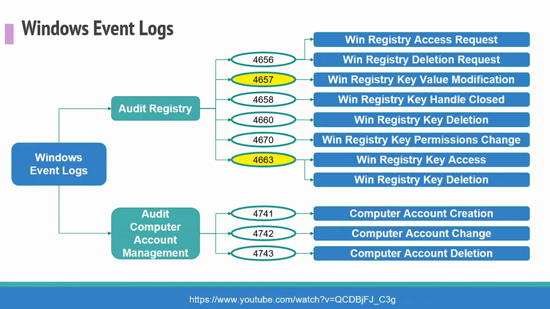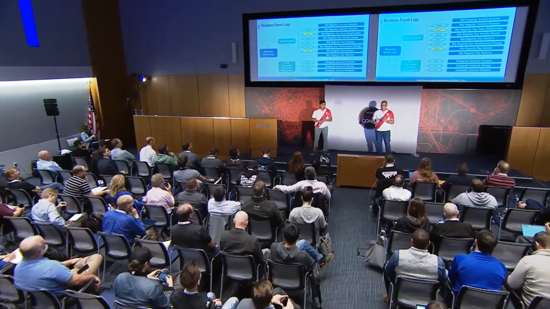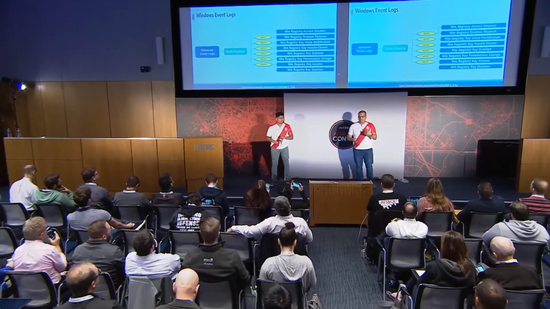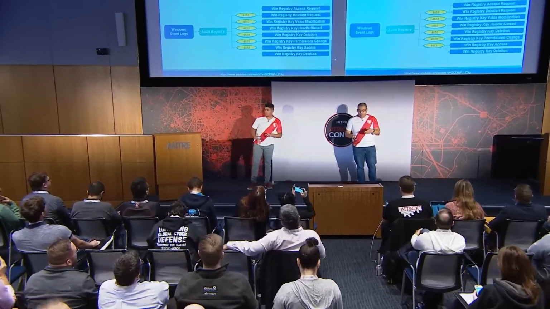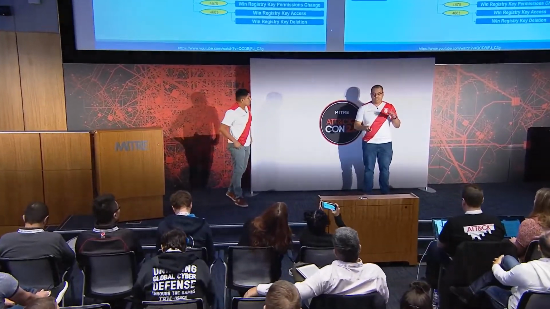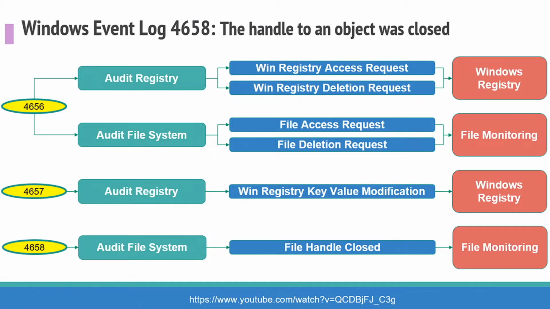If you remember the slide where we have the map from Windows registry to event logs, we only had two of them, but there are more, and we can start getting more context from these events. They are not only related to the Windows event logs data source. We can start mapping those Windows event logs to different data sources, like Windows registry and file monitoring, based on the relationships between elements in our data model.